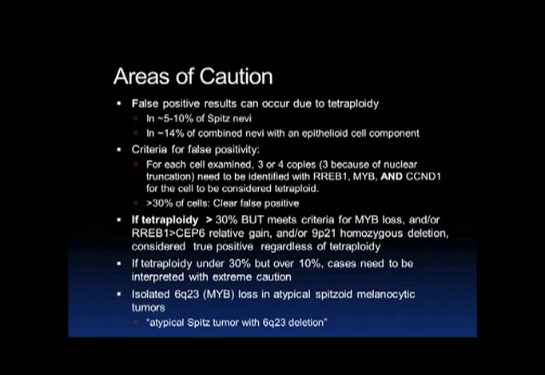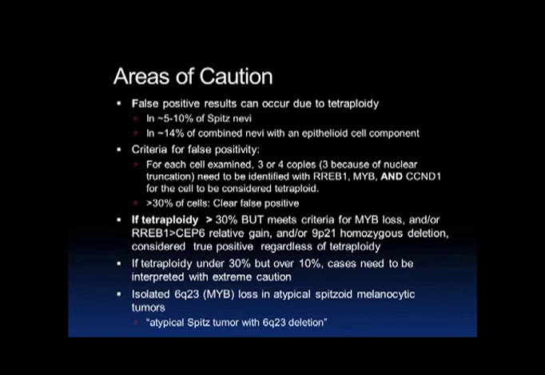But if you have 3 or 4 copies of all 3 in over 30% of the cells, this is considered a clear false positive. Now, there's a caveat to that. If you have all of this, but there's MYB loss and/or an increase of RREB1 over SEP6, so the centromere probe for chromosome 6, or a 9p21 homozygous deletion, it's considered a true positive and not a false positive, okay?